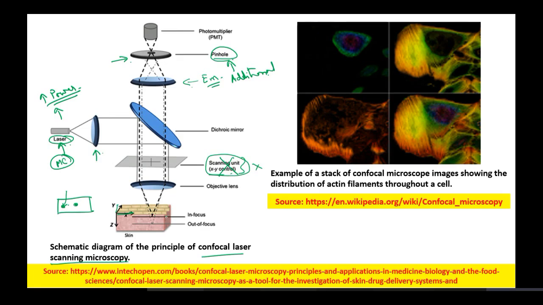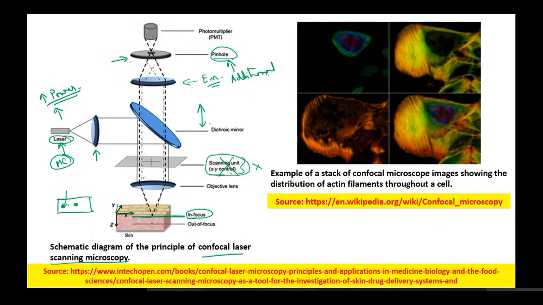Okay, now by moving this setup up and down, we can bring, say, this dark line over here. So at this plane, our light or the microscope is in focus. Okay, so what this pinhole is doing is that it is only allowing the light from this focal point to pass through this pinhole.